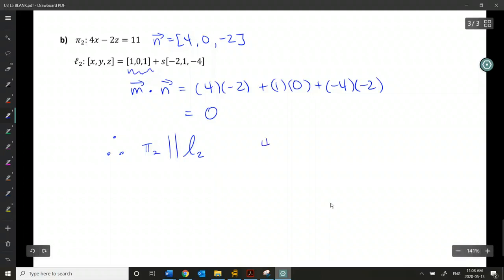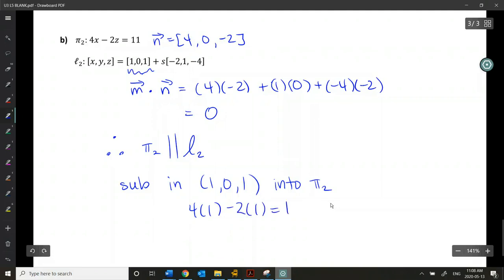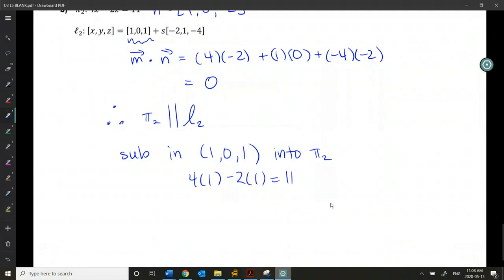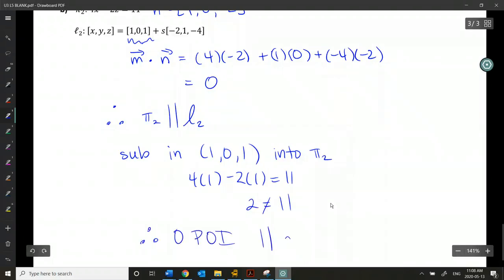So we're going to sub in the point 1, 0, 1 from the line into the plane. A true statement means the point is on the plane, which means that the line must be in the plane. An untrue statement, the point is not on the plane, and that means that it's parallel distinct. So I think here we're getting 2 equals 11, and we know of course this is not true. So we are going to say 0 points of intersection because they are parallel and distinct.